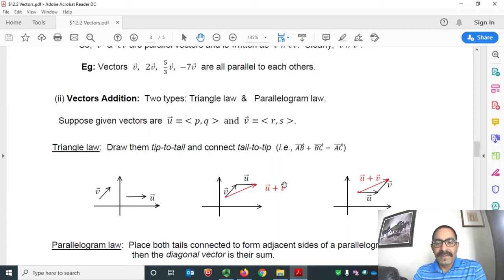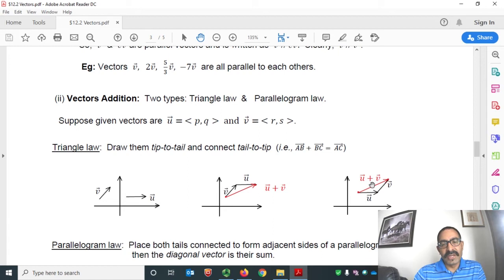Or we can fix the u vector, copy the v vector and paste it, putting the tail of the v vector at the tip of the u vector, and then join the tail of the u vector to the tip of the v vector. Then this red vector is the sum of the two vectors.